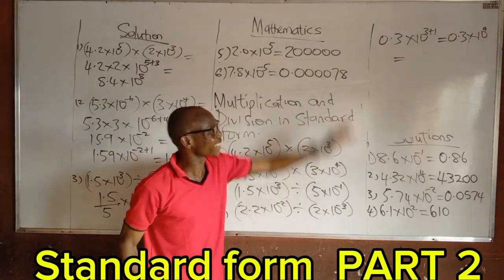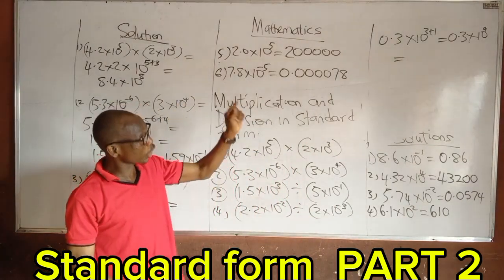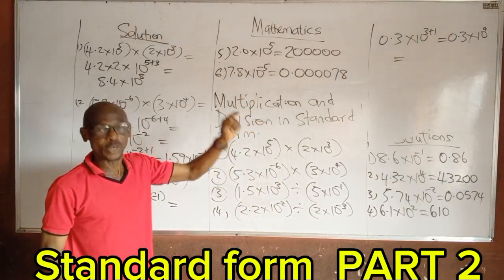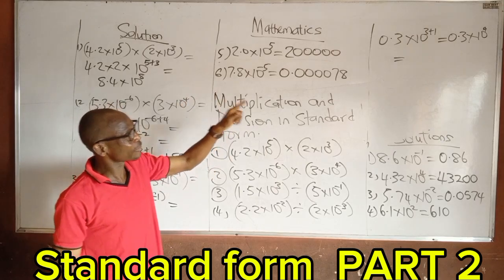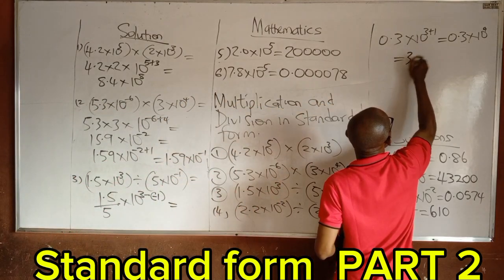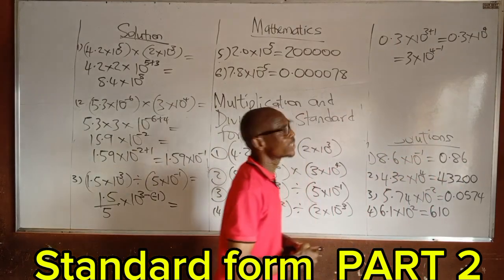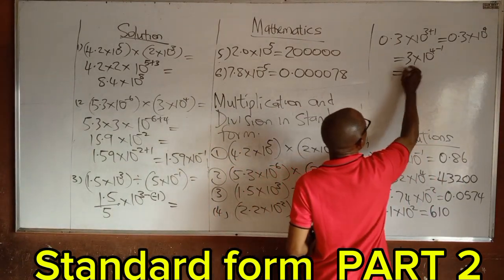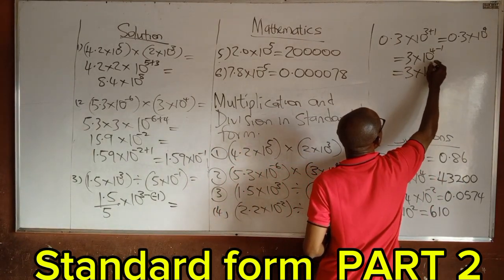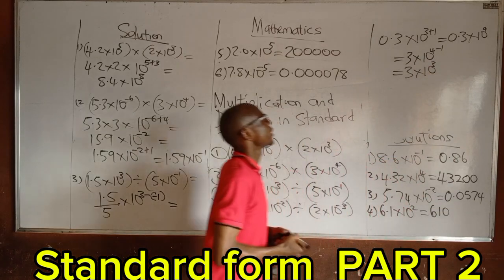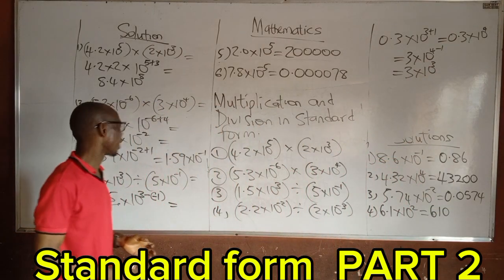We cannot leave the answer in that form because it is not in standard form; you cannot have it as 0.3. So 3 times 10 raised to the power of 4 minus 1, and our answer is 3 times 10 raised to the power of 3.